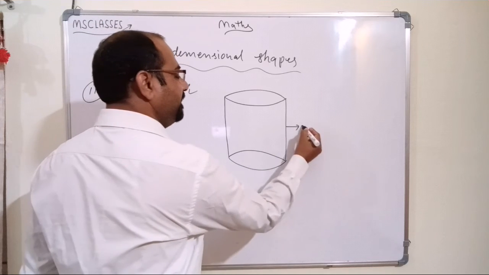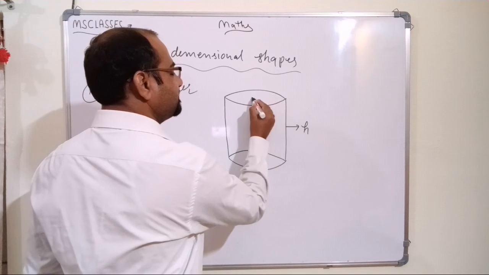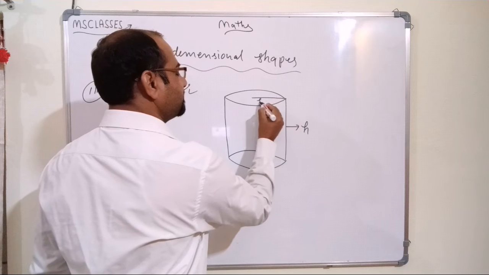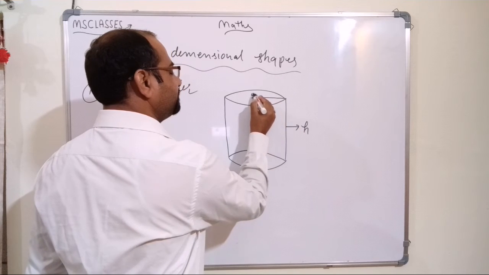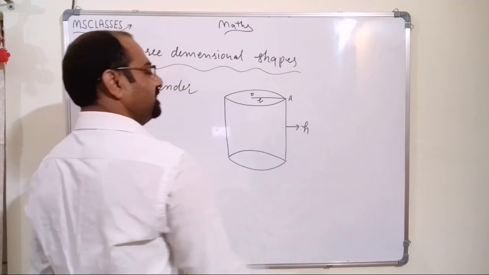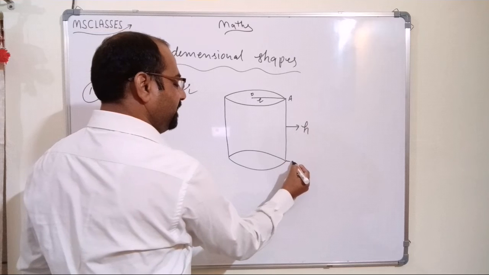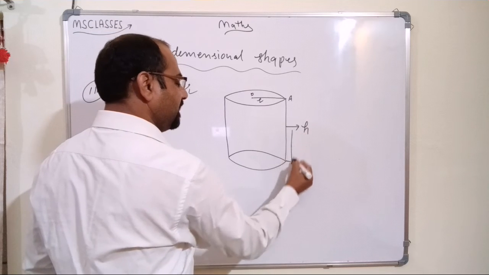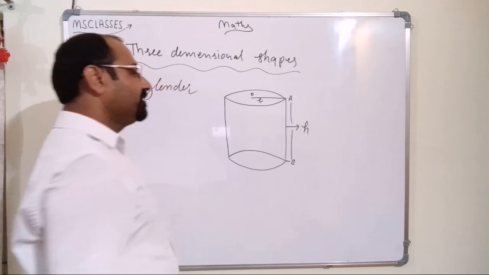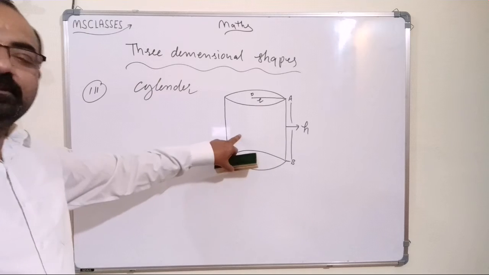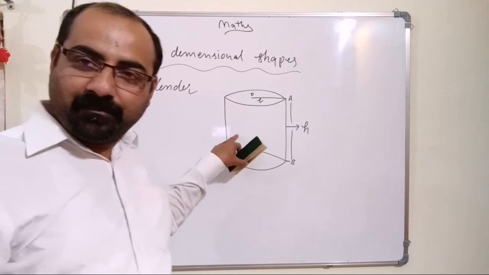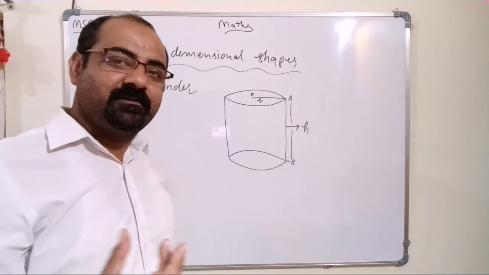So this is the height and this is the radius from the center to the side, and from A to B, this is the height. Okay, this is the cylinder, this is the piece of a pipe.